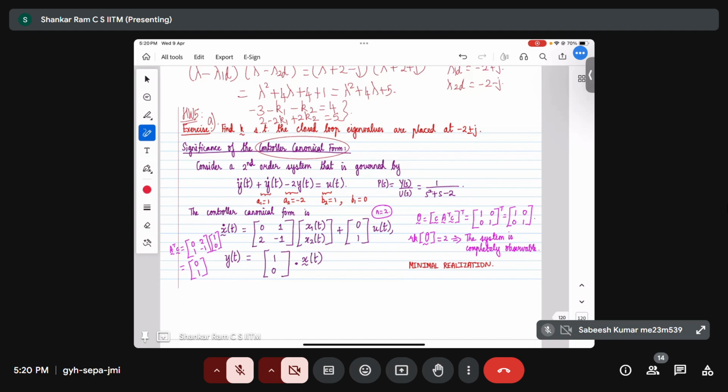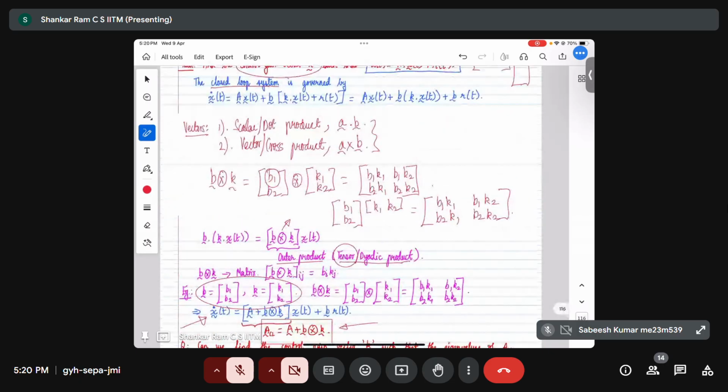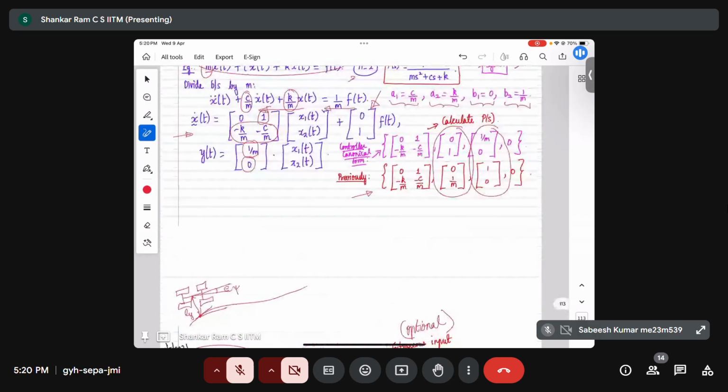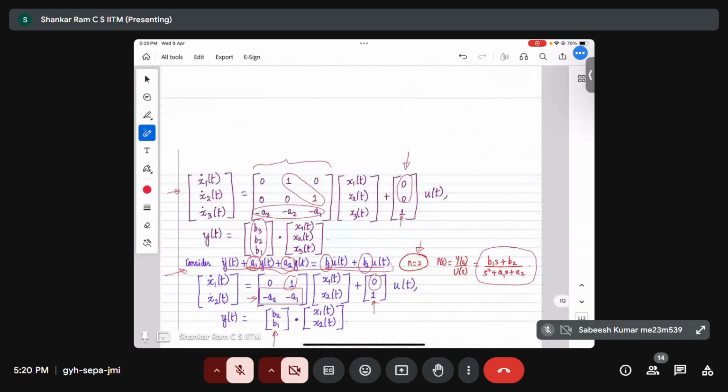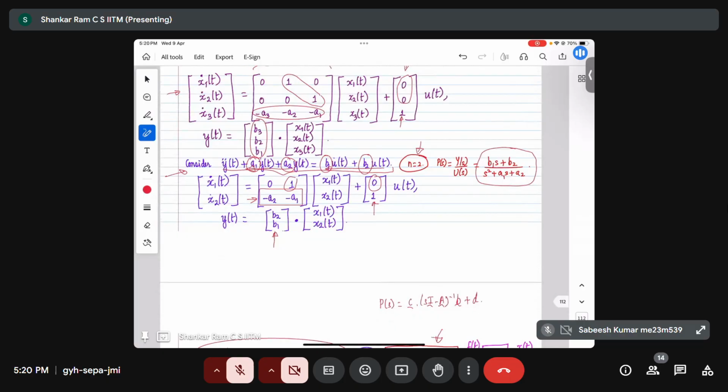Let's figure out how. Let us consider a second order system which is governed by this. How do you and I write the controller canonical form? We discussed it a few classes ago. For a second order system, y double dot plus a1 y dot plus a2 y equals b1 u dot plus b2 u, the state matrix was 0, 1, minus a2, minus a1.